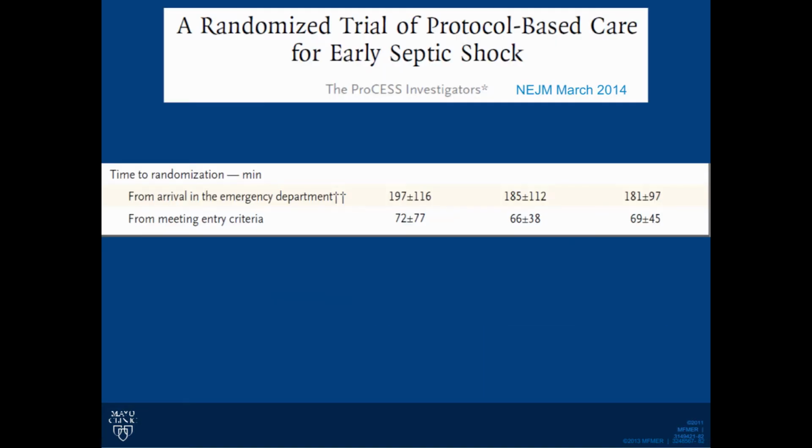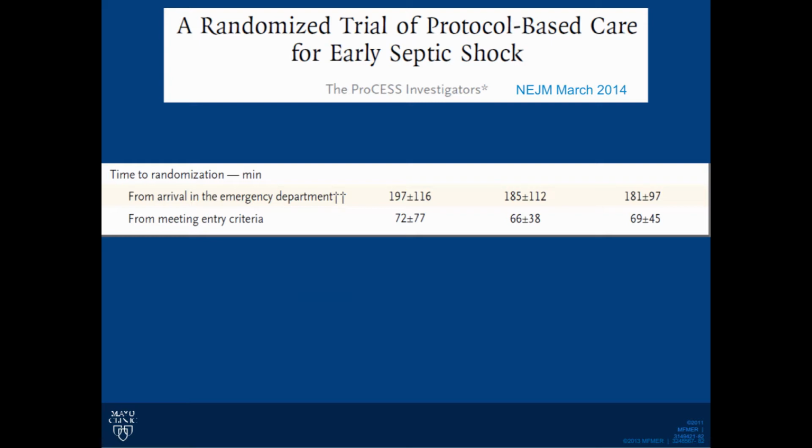This is from the supplemental data of the PROMISE trial, which shows that prior to randomization into the studies, these patients had received about 3 hours of care in the emergency department. And during that time, the different sites that this was being studied in were continuing to treat that patient with critical care prior to the research investigation.